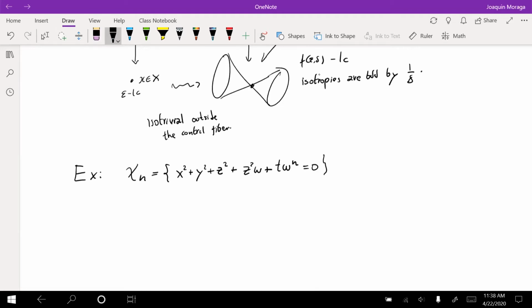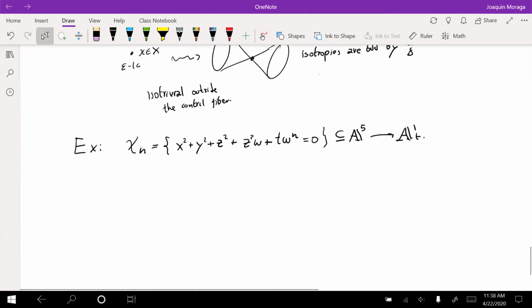This is inside A^5 and has a morphism to A^1_t. And essentially the point is that X_n at 0 is isomorphic to a fixed X_0 for all n.